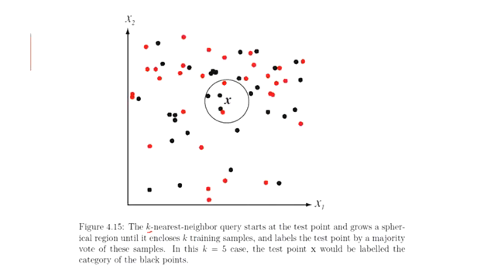Okay? Let me repeat that. For example, if I set K equal to 1, then only one neighbor would be considered. If I set K equal to 3, then 3 neighbors would be considered, and so on and so forth. So every value of K gives us a radius of the circle among which we are considering our values.